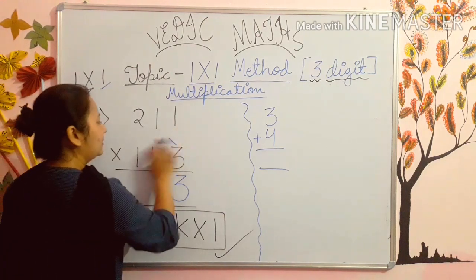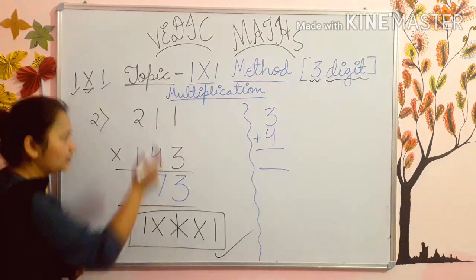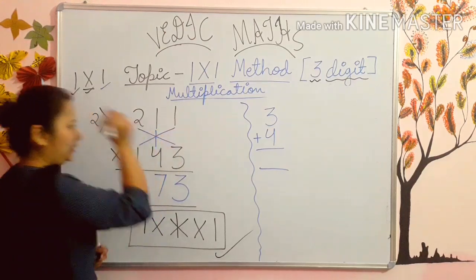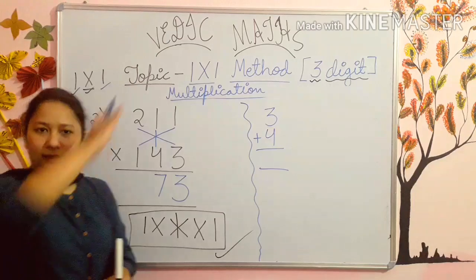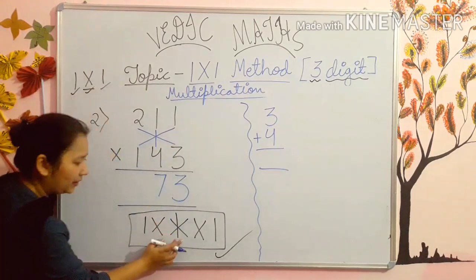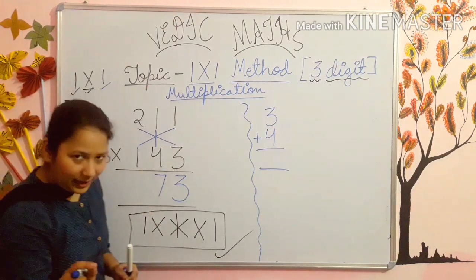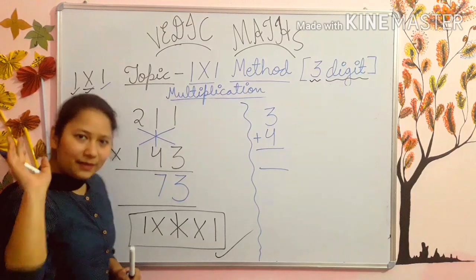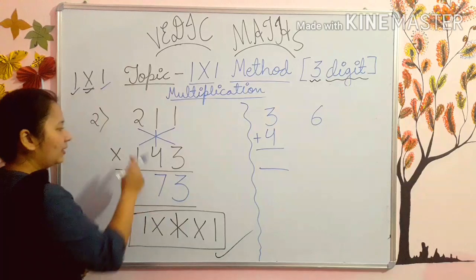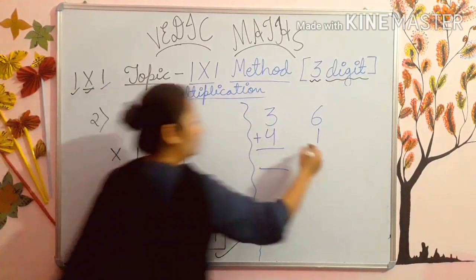Now the next is triple cross. 1, 2, 3. Means the mid one also. This, and mid one also. Triple cross. So now triple cross. Now first of all multiply and add all the numbers. 3 twos are 6, 1 ones are 1, 4 ones are 4.